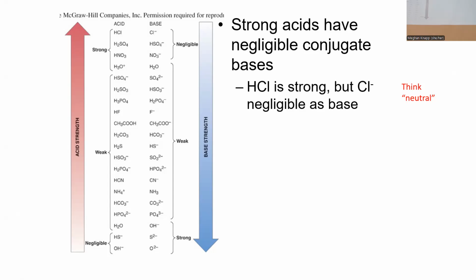They are not impacting the pH. The exception to that is HSO4 minus. You'll see over here, it's negligible as a base, but it still acts as a pretty strong acid. Since it's polyprotic, it doesn't quite fit that rule of being negligible as neutral. If it's part of a polyprotic, then it's not negligible. But otherwise, the conjugates are neutral.